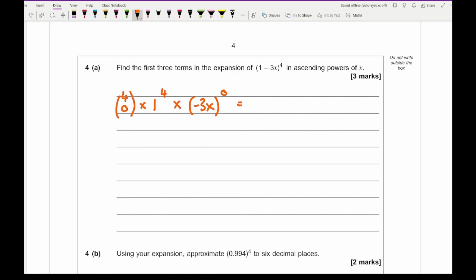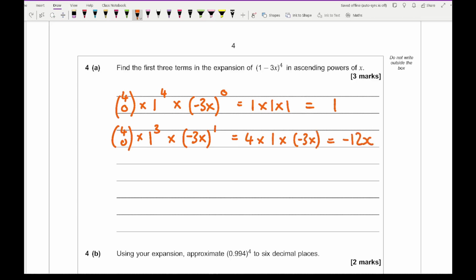And if I work that out, that's going to be 1 times 1 times 1, which is 1. The second term is going to be 4C1, and then the first term with the power taken away by 1, and then the second term to the power of 1. So that's going to give me 4 times 1 times -3x, which gives me -12x.